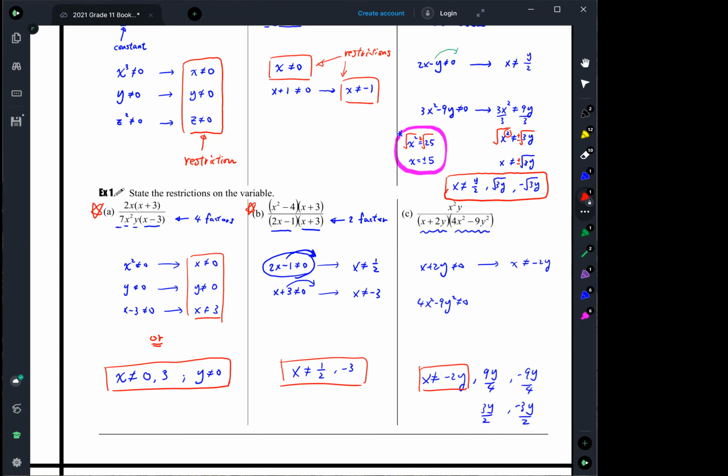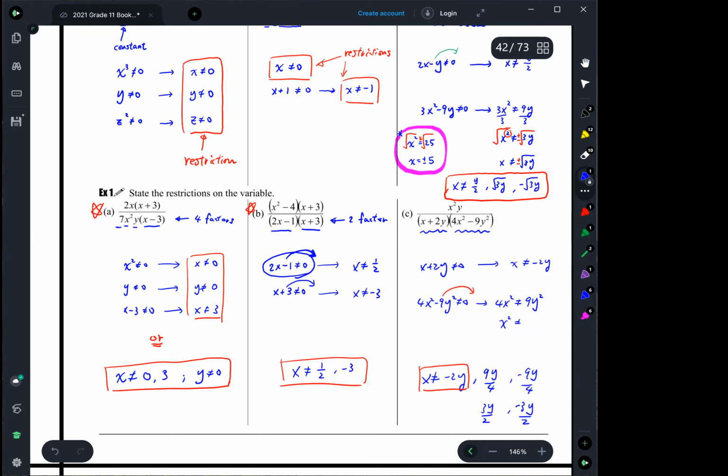Next part, we want to isolate the x slowly. So we're going to move the 9y squared over first. It'll be 4x squared cannot be 9y squared. And then to isolate the x, we first have to divide by 4 on both sides.